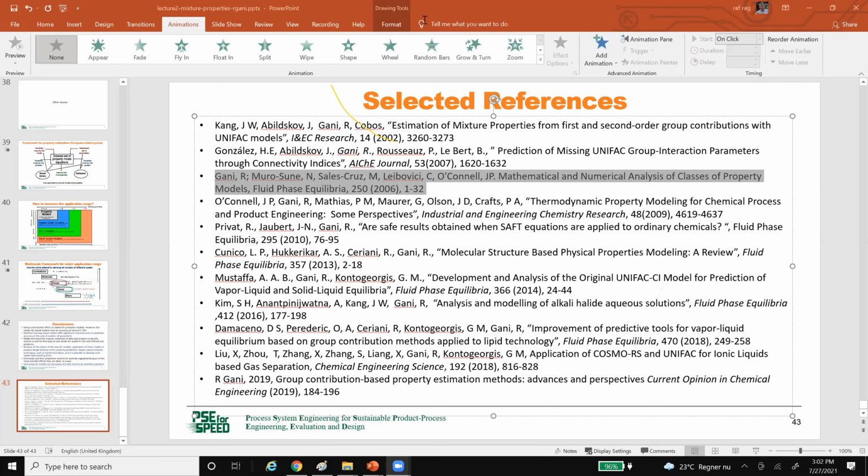We can do this very well for TC and PC, but not for the volume. VC is well predicted with machine learning, but maybe we need to take some interactions that we are not able to find in our simple expression. So that could be the reason.